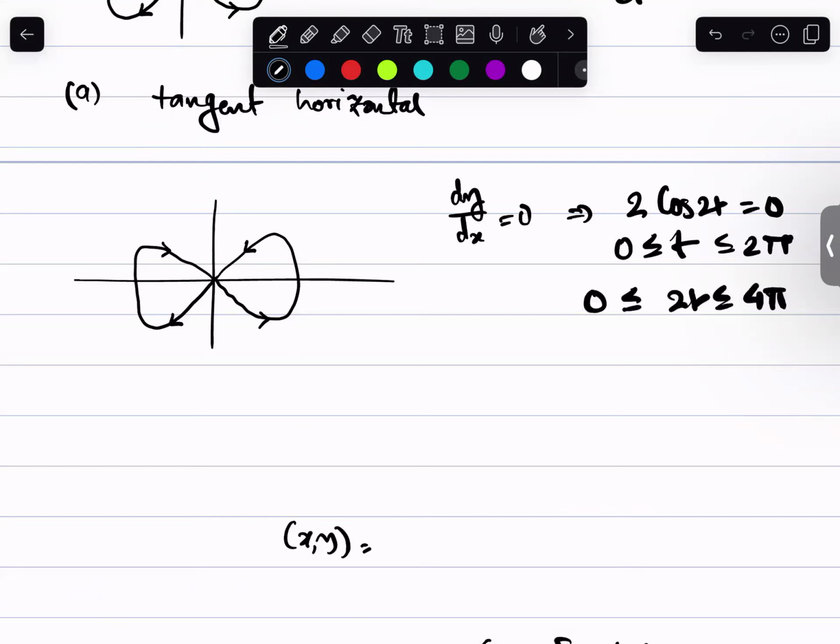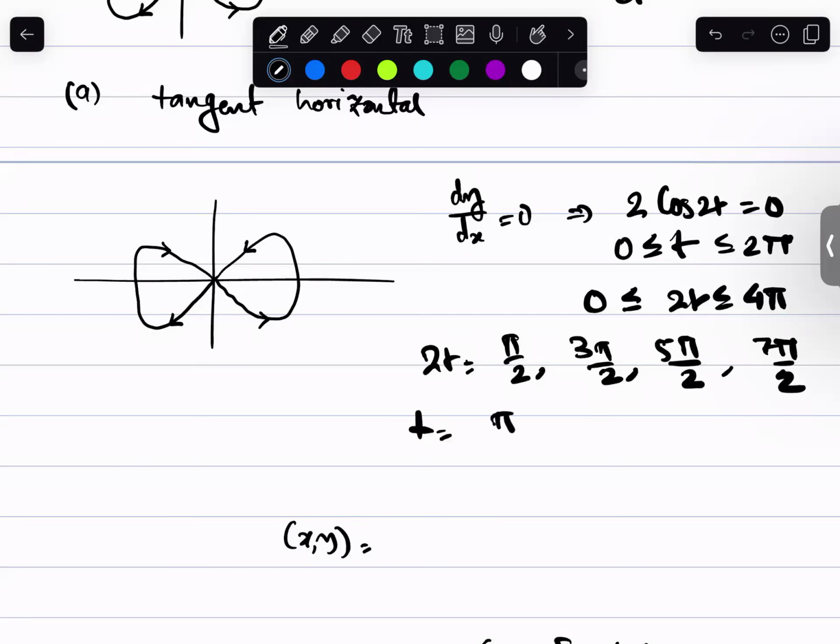Okay. So 2t can be pi over 2, 3 pi over 2, 5 pi over 2, and 7 pi over 2, right? So therefore t can be pi over 4, 3 pi over 4, 5 pi over 4, and 7 pi over 4. These are the possibilities for t. And if you carefully draw those, you will get that this is for t equal to pi over 4.